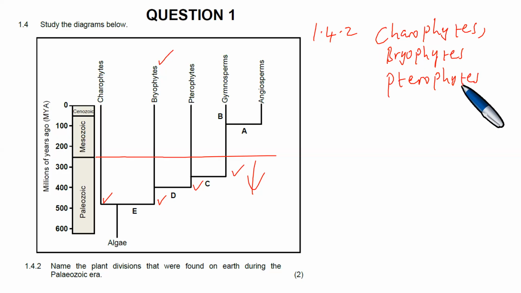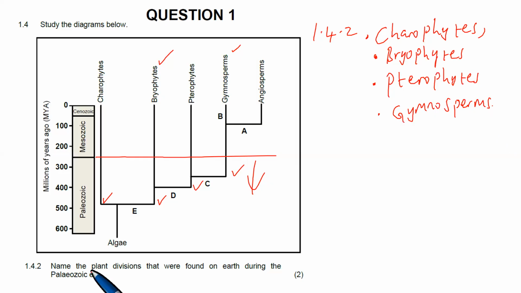But obviously we're not done yet. So you have this, you have that, and you have the next one. And you also have these ones here, the gymnosperms. So these are the correct answers.